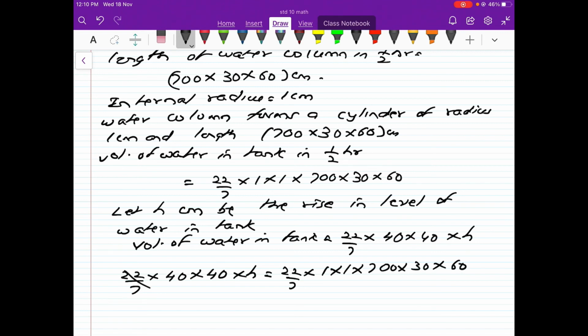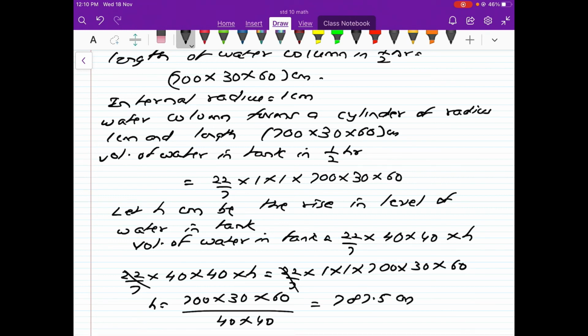So we can just cancel this out and h we are getting as 700 into 30 into 60 upon 40 into 40. So this is coming out as 787.5 centimeters.